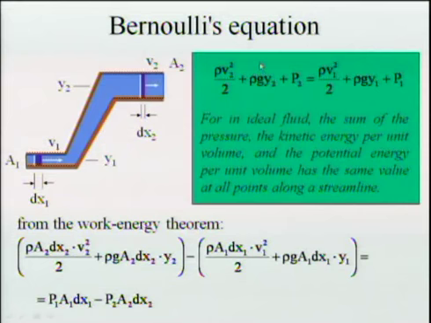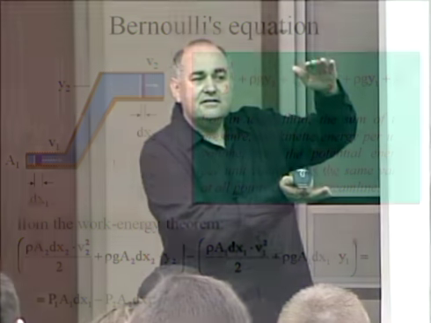If you look at this expression, now height is the same, so this term and this term will cancel. Now we can see that the sum of kinetic energy and pressure in the narrow pipe and in the wide pipe is going to be the same.